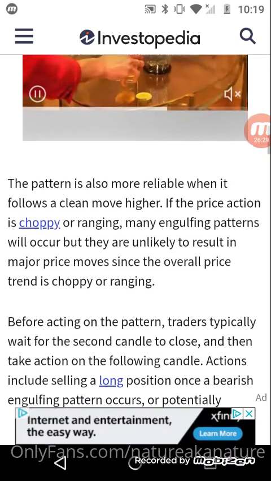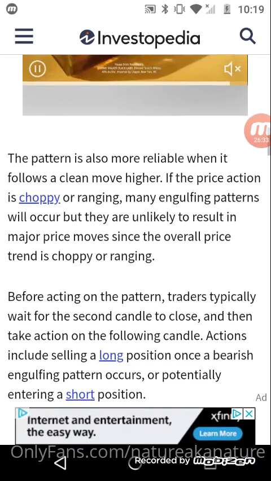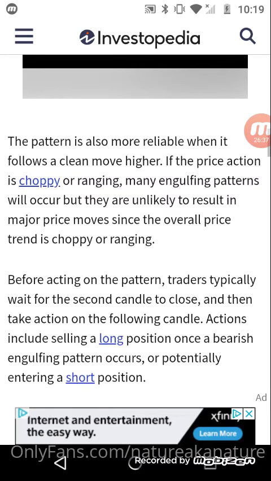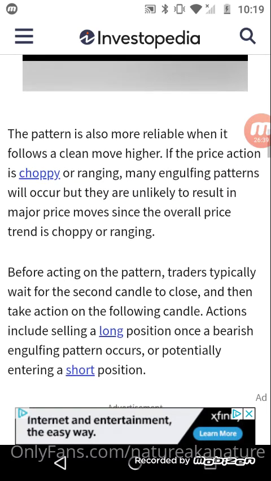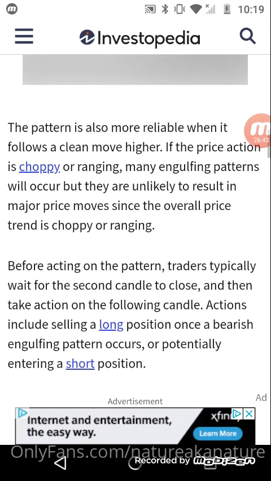Before acting on a pattern, typically traders wait for the second candle to close and then take action on the following candle. So we have to wait to see if sellers are going against a long position.